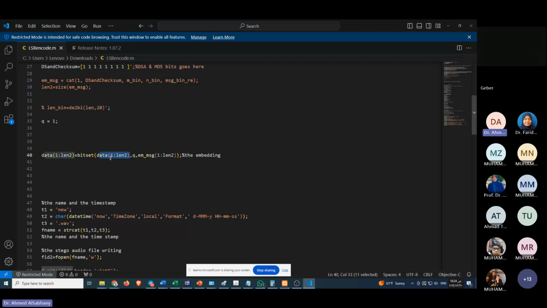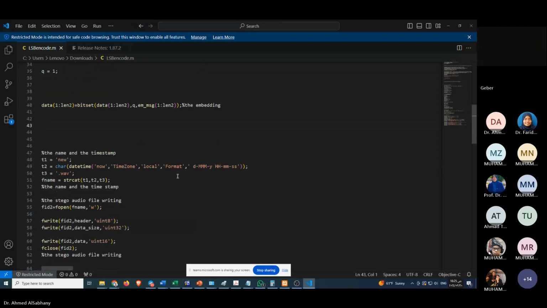Replace these points of data with Q. Q is the level of embedding. We are using 1, which means the least significant bit. Using the EM message, or the embedded message, from 1 until length 2, where length 2 is the length of the message. So basically, it's just a replacement process. We don't even need a loop or anything like that. So with just this single line, we are doing the least significant bit embedding.